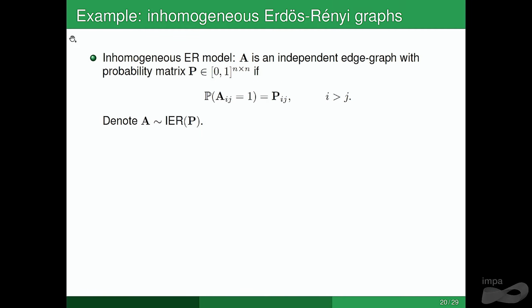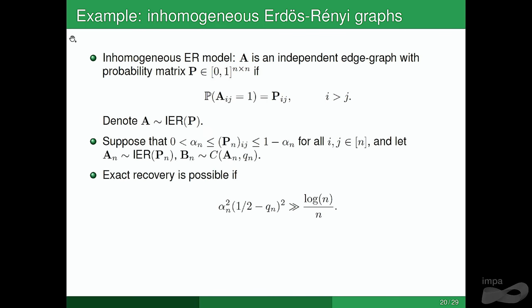This P can be arbitrary, but in order to give a concrete result, we're going to assume that the entries of P are bounded away from 0 and 1 by some constant alpha n. And basically, this alpha n is going to control the difficulty of the problem, in a similar sense to the Erdős-Rényi model.